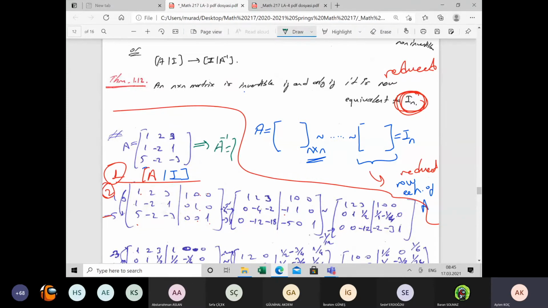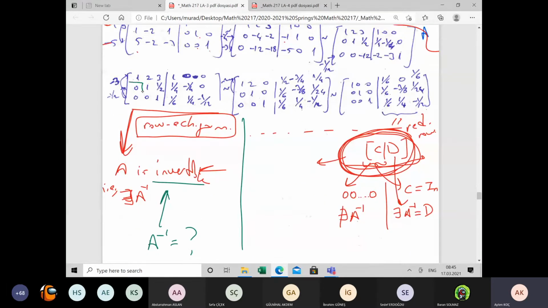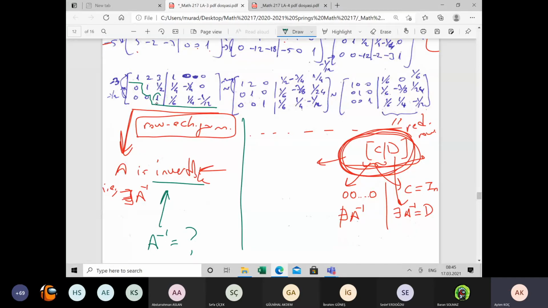So apply more operations to get reduced row echelon form, and take the last leading one. Our aim is to get zero in this part. Start with the last leading one, it will be better. Our aim is to get 0, 0 here. What's the first operation?